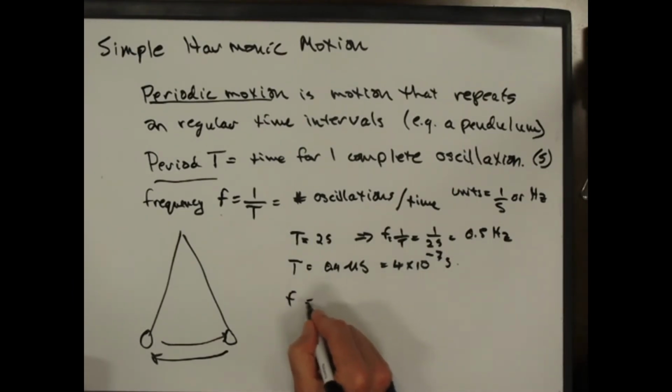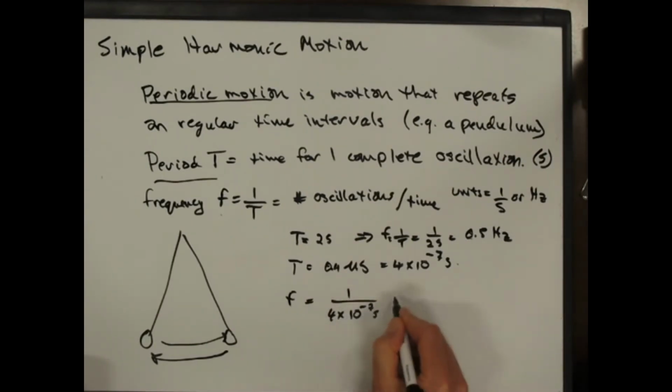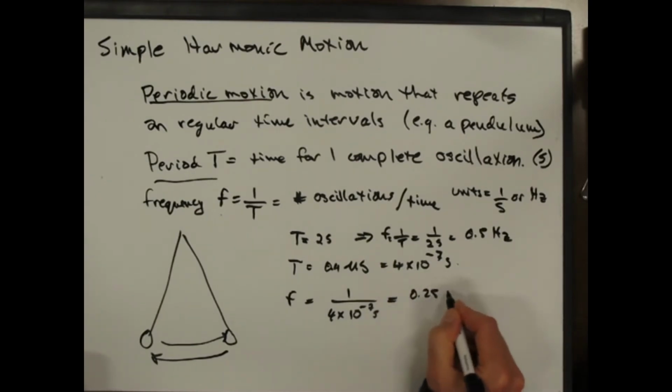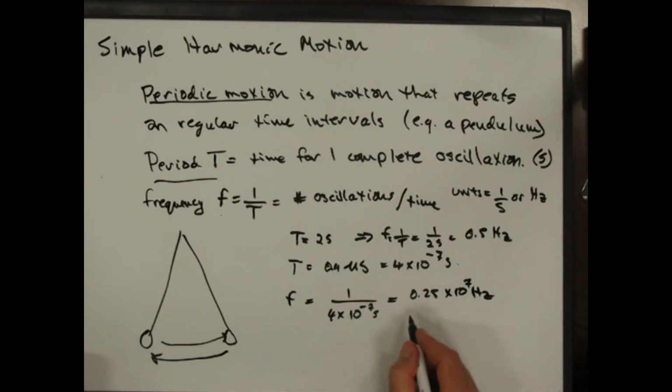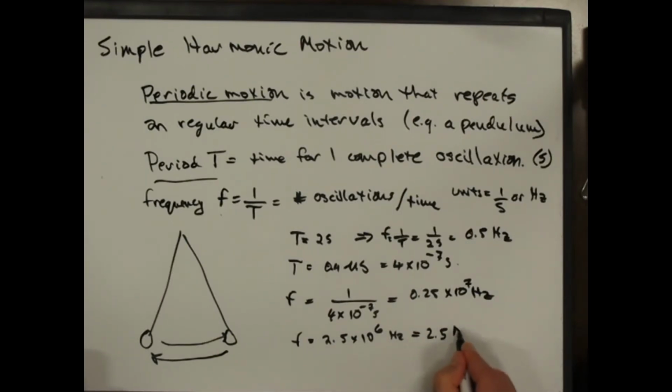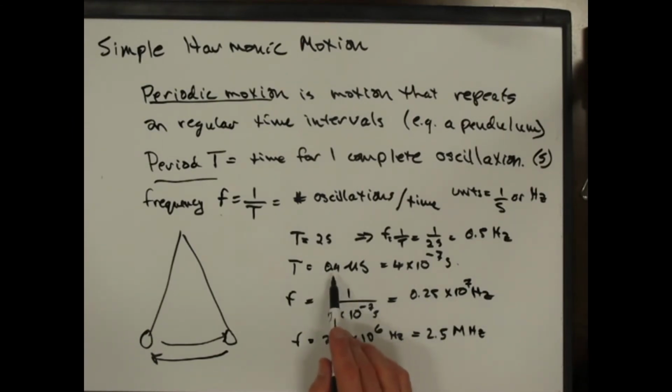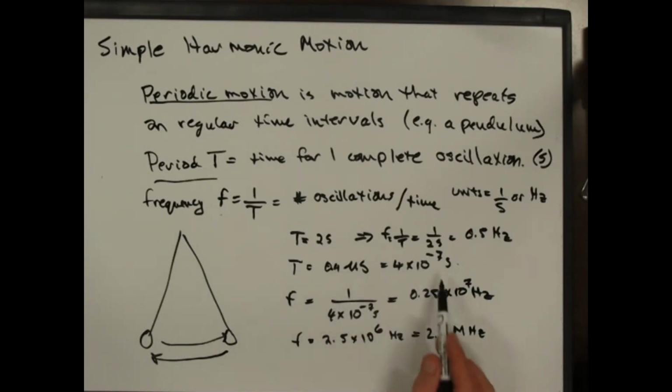Well, then the frequency is 1 over 4 times 10 to the minus 7 seconds, which is 0.25 times 10 to the 7th hertz, because 1 over a second is a hertz, which is 2.5 times 10 to the 6th hertz, or 2.5 megahertz. This is saying that there's an oscillation every 0.4 microseconds, or 4 times 10 to the minus 7 seconds. Because of that, there are 2.5 million oscillations per second.